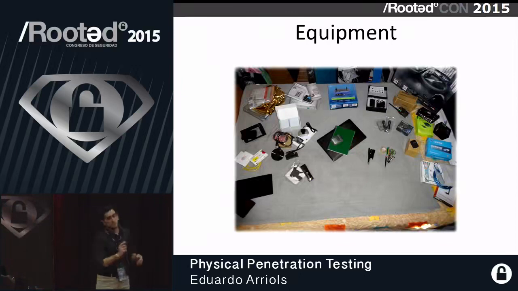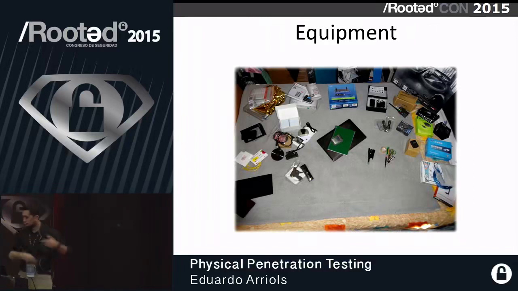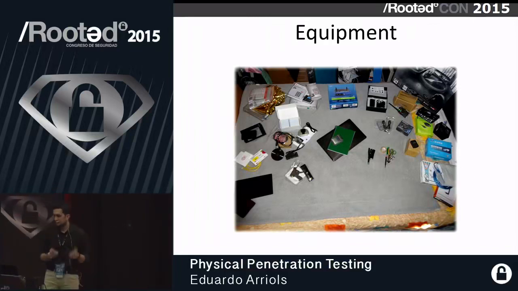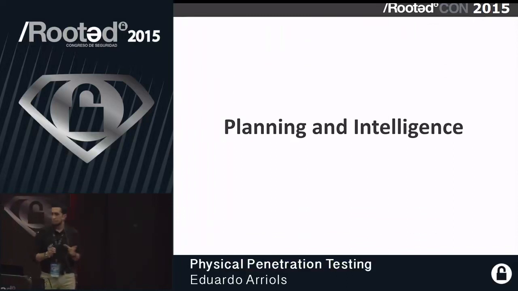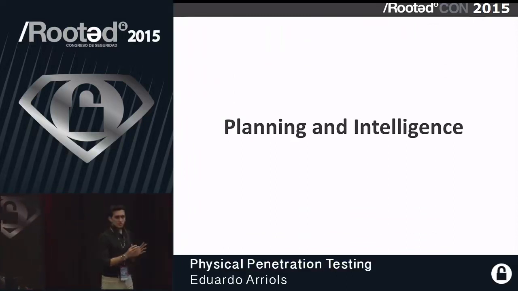Not at all. These are some of the things that I wanted to show you. That is my kit. You need to have all types of cards, screwdrivers, tools. I'll tell you more about this.